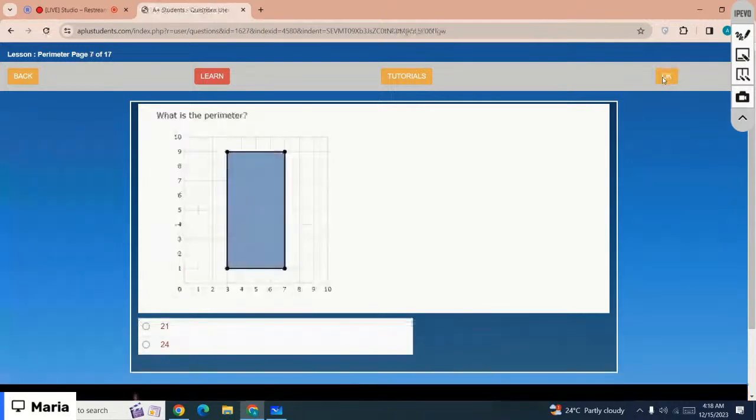Okay, the next one is what is the perimeter? Yes, the correct option is 24. Very good.